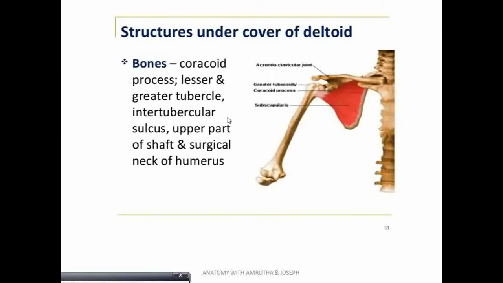There are bones which are related under the cover of deltoid. They are the coracoid process of the scapula, greater and lesser tubercle of the humerus, intertubercular sulcus, upper part of shaft, and surgical neck of humerus.